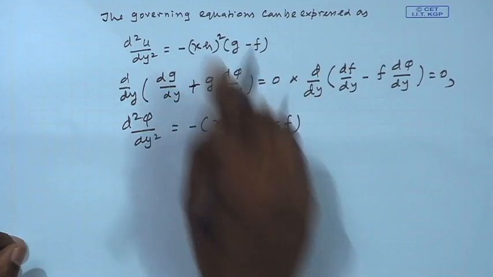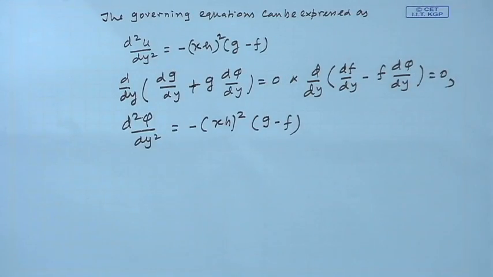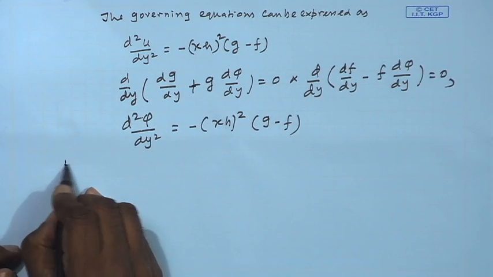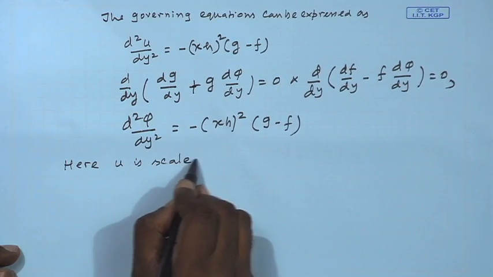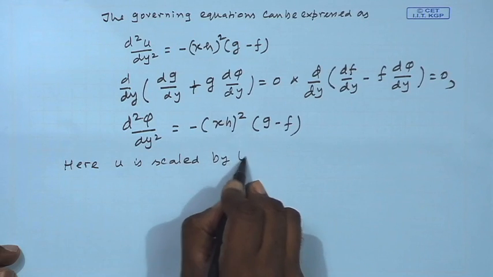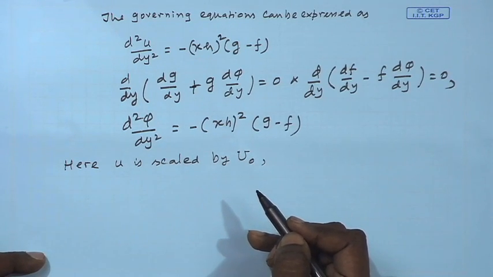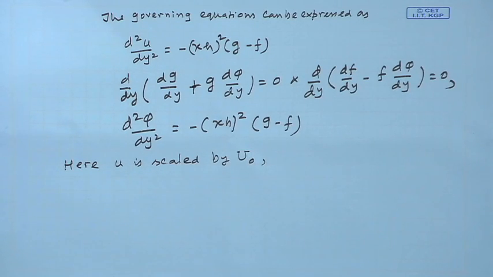Now, here what we did is we have taken u. Here u is scaled by U0 and kappa was introduced. So, kappa in this case, since we are taking a symmetric binary electrolyte, the ionic concentration is C0.